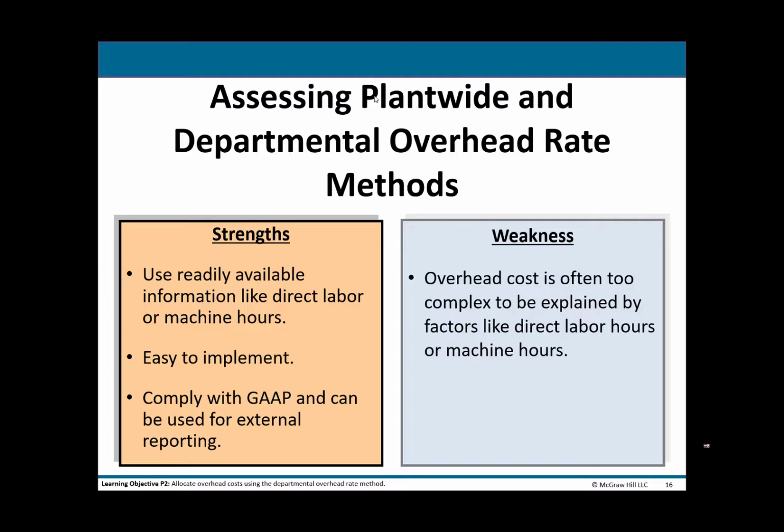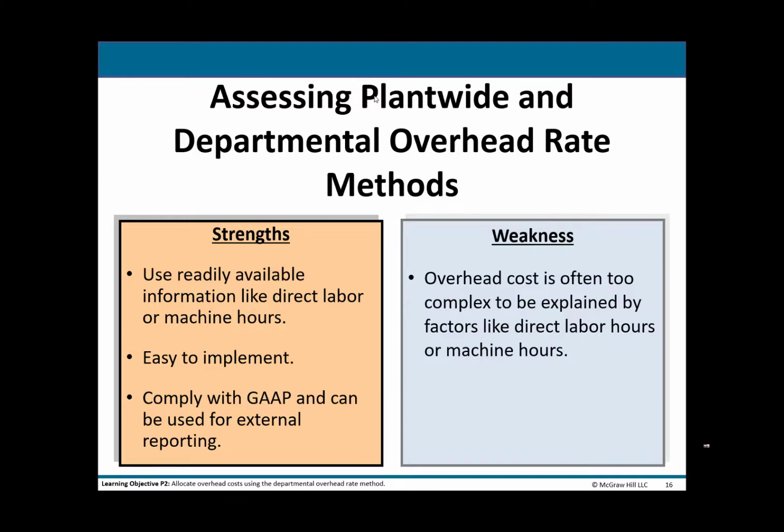The plant-wide rate strength is that the information is readily available. Information like direct labor hours or machine hours are usually tracked. It's much easier to implement than any of the other methods, and it is acceptable for GAAP and may be used for external reporting.